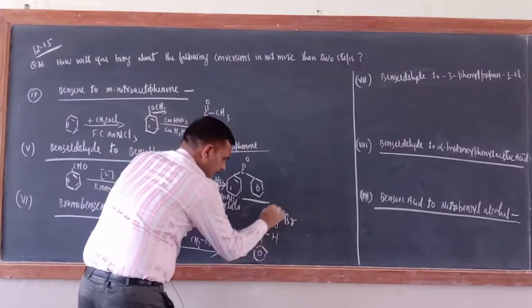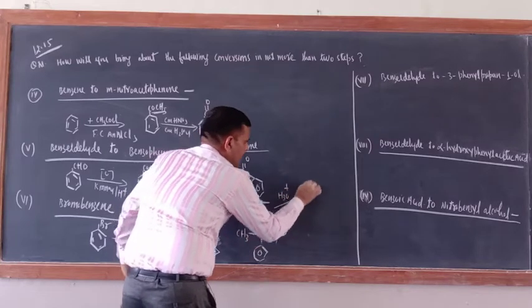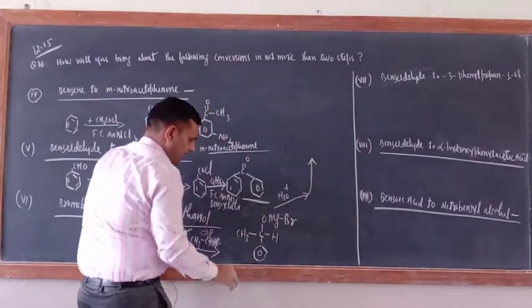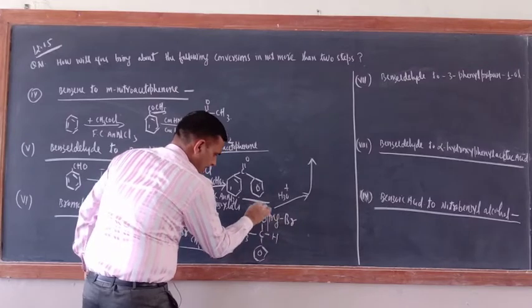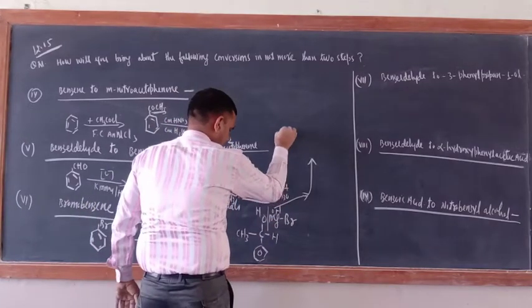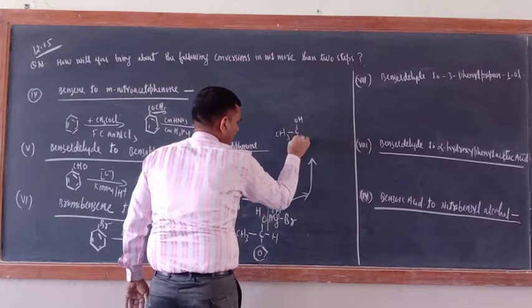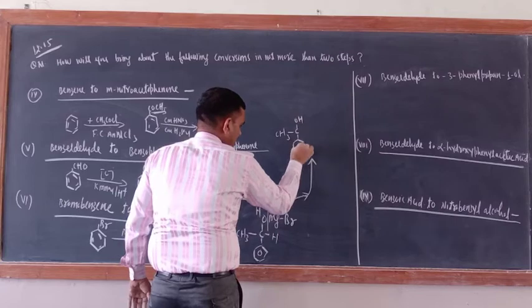Now if you subject it for acidic hydrolysis, H3O positive. Now I am writing this side. So here give H, here give OH. So now here what is the product? CH3C, here OH, here what is there?